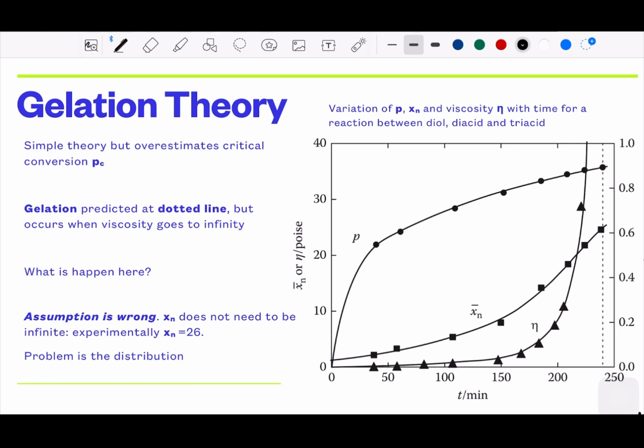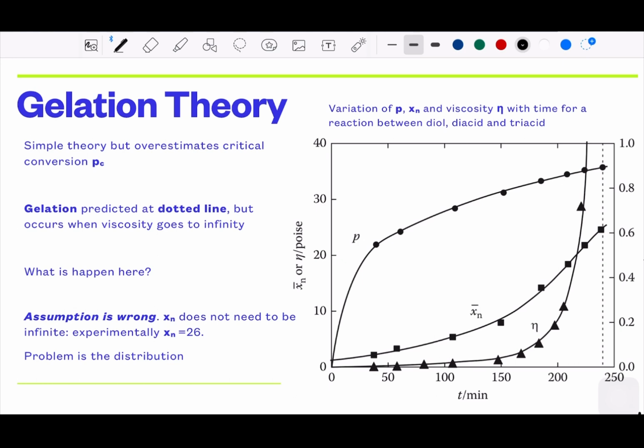But if you see the viscosity, where does it end? It doesn't cross this dotted line, right? It's supposed to cross that because we predict that there is gelation going on, but if we see the viscosity curve, it is going to be infinite. So we can say, okay, what happened, right?